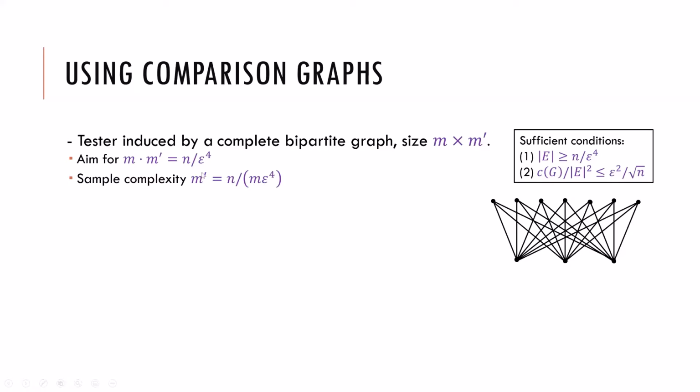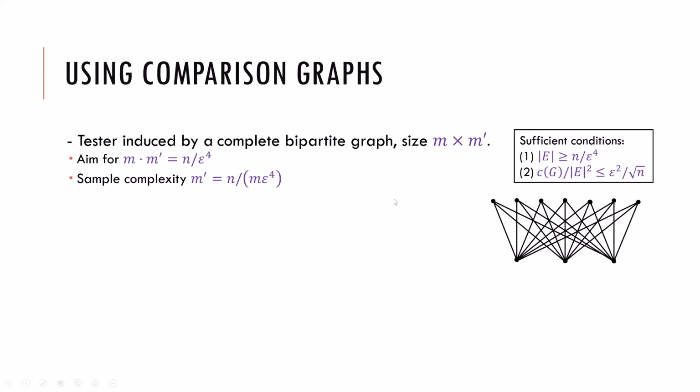And since we assume that M prime is the larger portion of the stream, the sample complexity is basically M prime, which is n over m epsilon to the fourth, and this is probably the optimal sample complexity for this problem, whenever it's possible to obtain that.